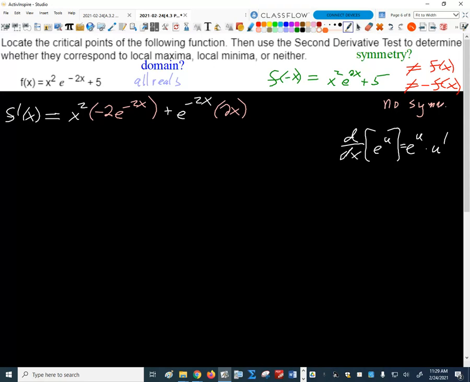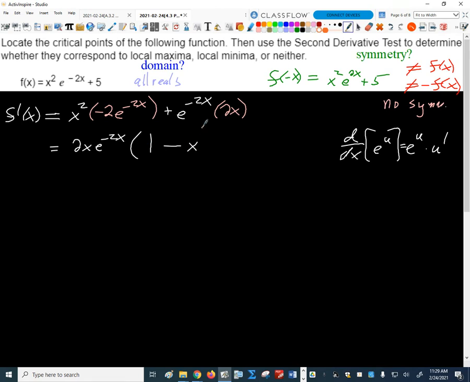So we could clean that up a little bit, couldn't we? We could factor out, how about if we factor out a 2x e to the negative 2x? And that leaves us with 1, from over here, minus x.